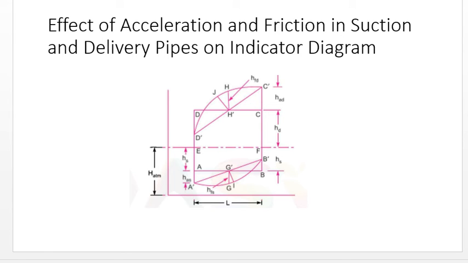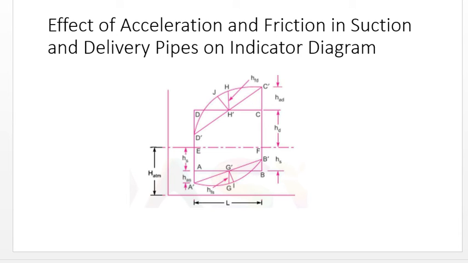That's why at the middle of the stroke, HAS value will become 0, but HFS, the frictional head, shows its maximum value. Thus, the pressure head in the cylinder at the middle of the stroke will be HS, this is the HS value, plus HFS. HS plus HFS value, but this value will be below the atmospheric pressure head.